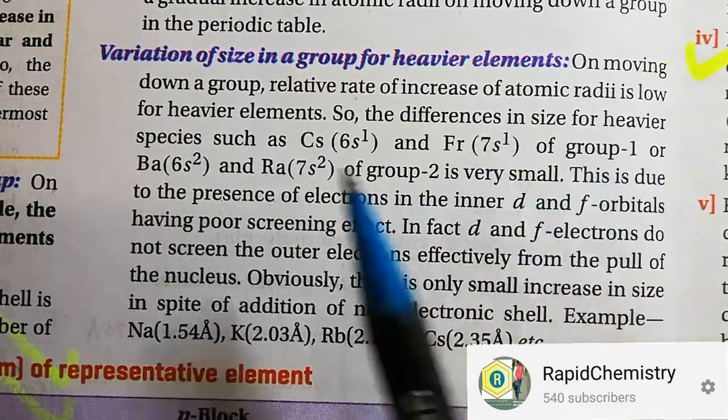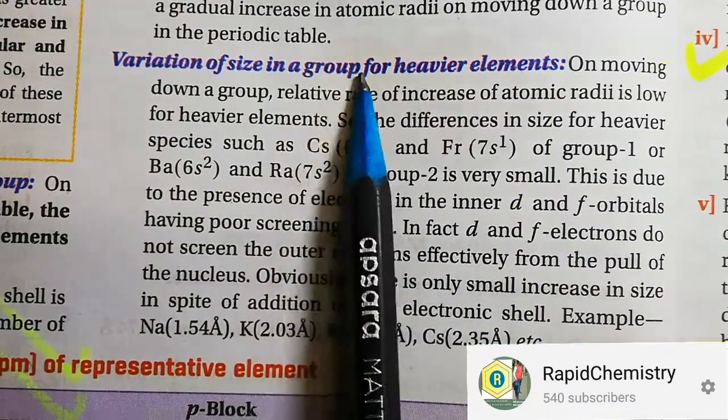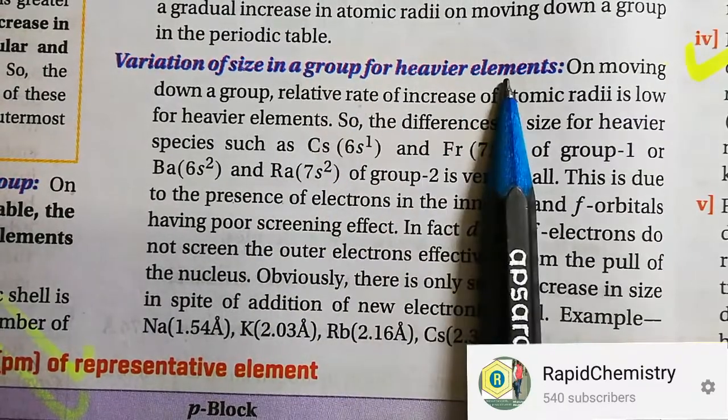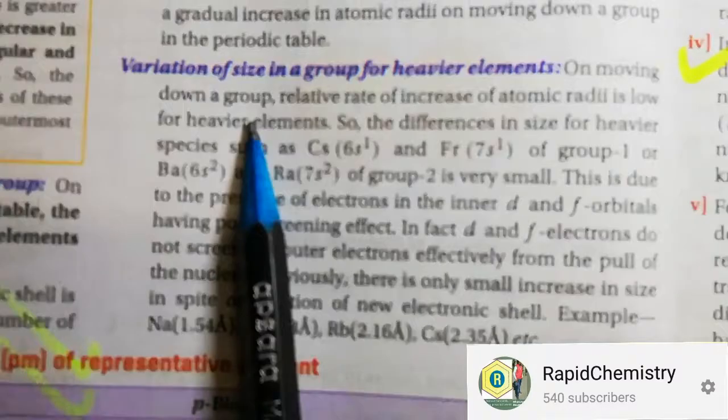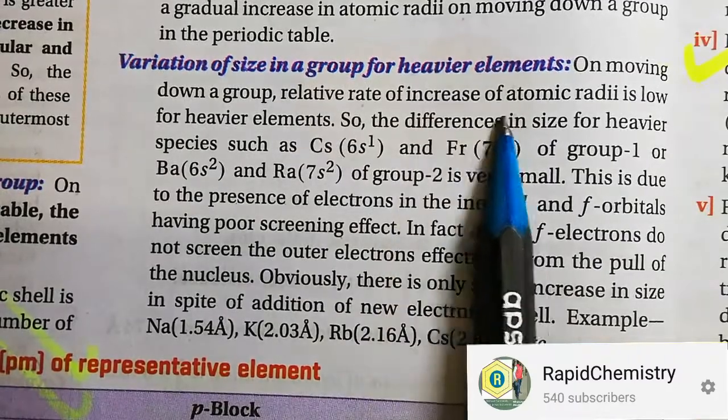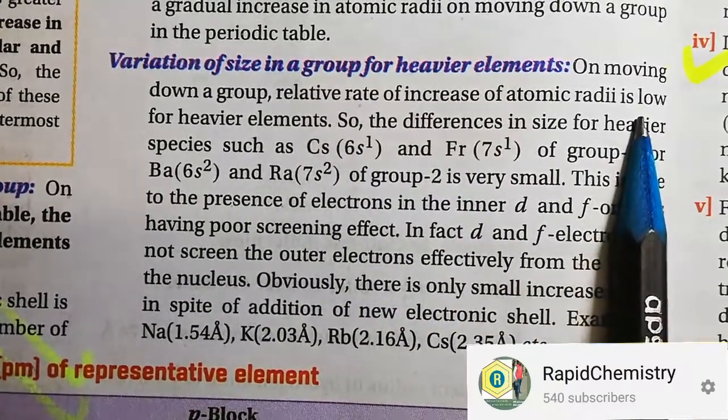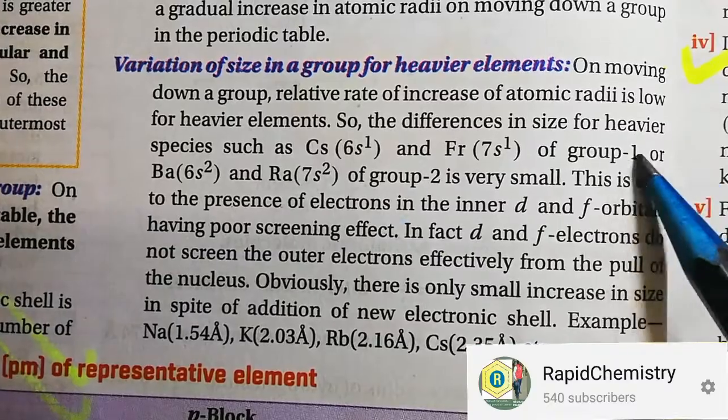Now we will discuss variation of size in a group or for heavier elements. On moving down a group, the relative rate of increase of atomic radii is low, as I have said just now.